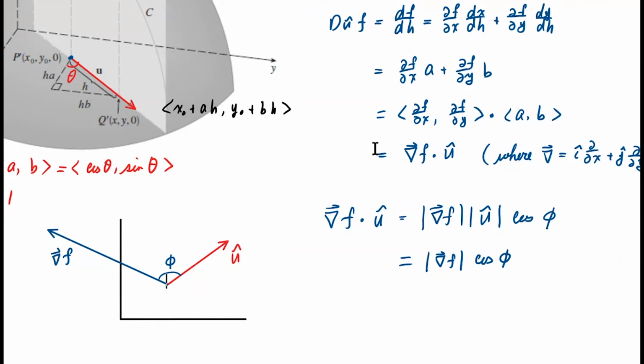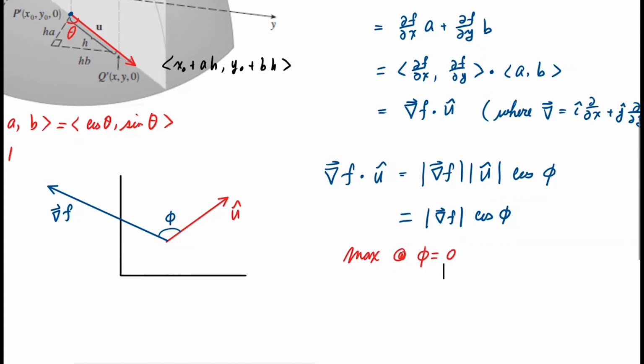This is your maximum value, and this is your minimum value now, isn't it? Right? So this thing will achieve maximum at phi equal to 0, right? The other way of saying that is this gradient vector will point towards the maximum slope. How about that?